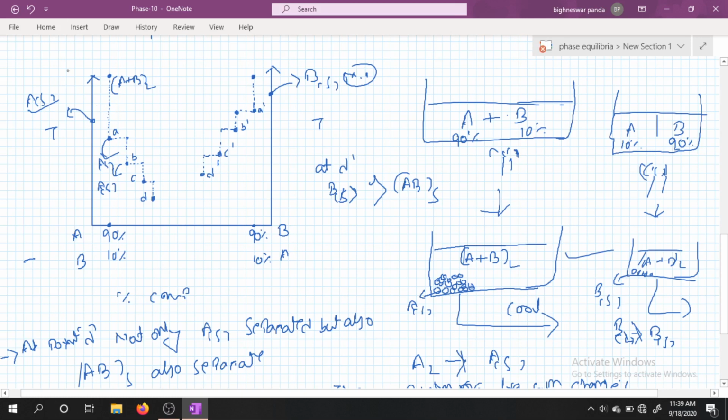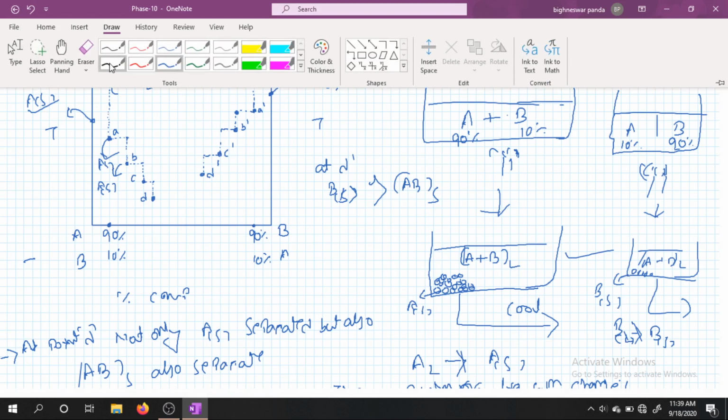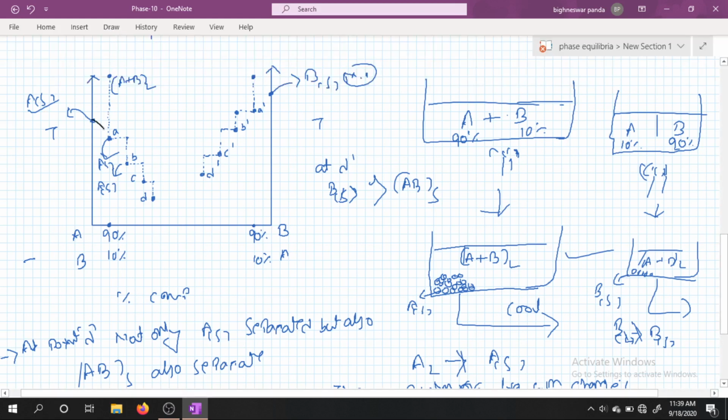So if I consider this point, the graph will not reach its eutectic point. So at this composition, I can say that there is presence of AB solid.